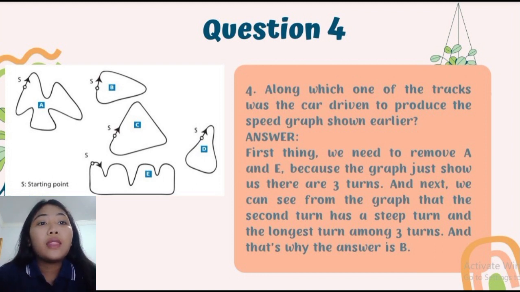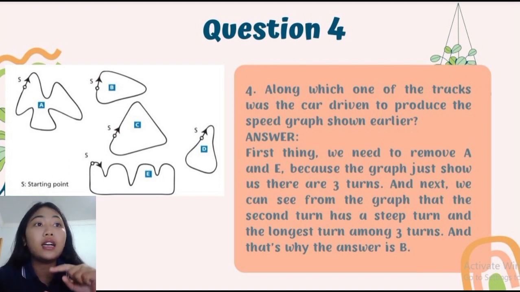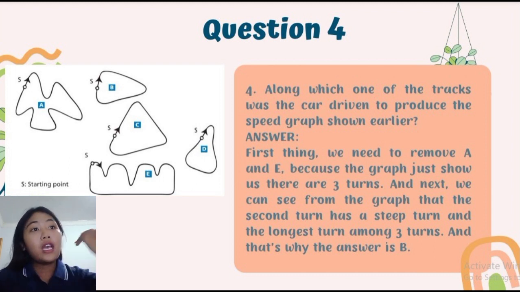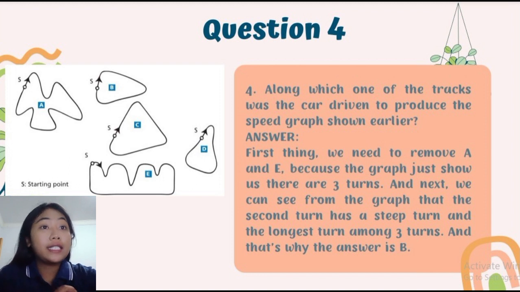From that statement we can eliminate C, because the C track has the same kind of turns, not the longest one, so it will show us a stable graph, not like our graph. So that's why I will eliminate C, so there are just B and D.